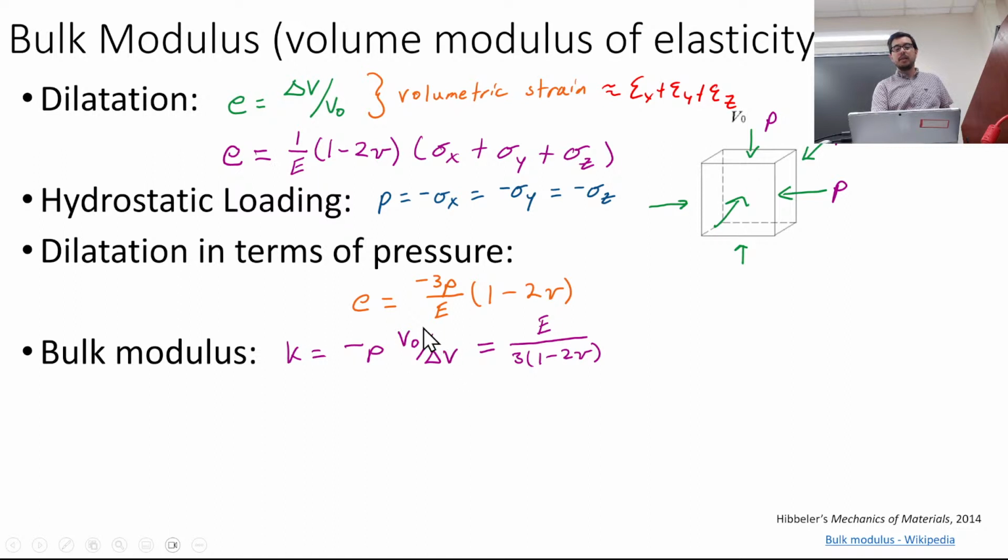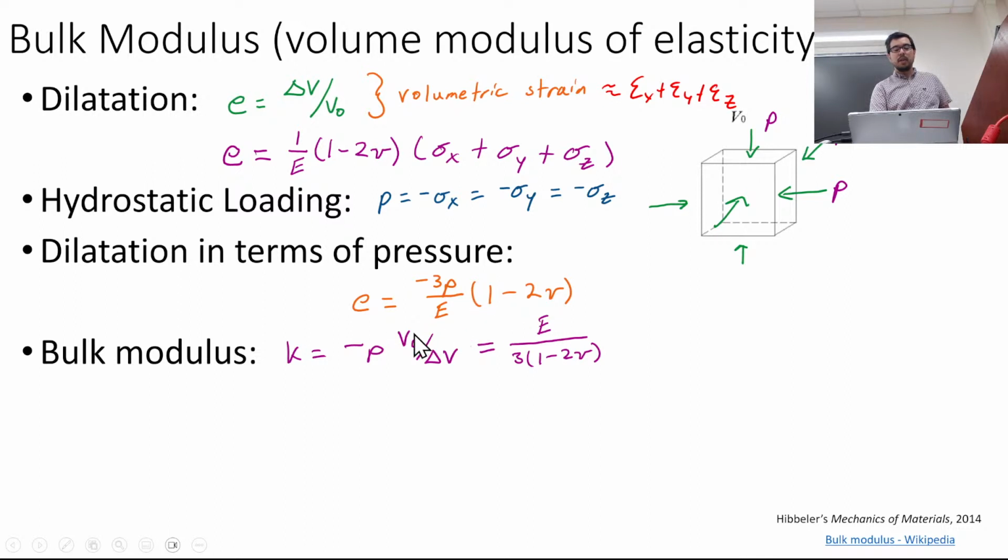And look at this expression. We can manipulate things here. We said that dilatation in terms of pressure is e equals minus 3p over the elastic modulus times the quantity 1 minus 2 nu.